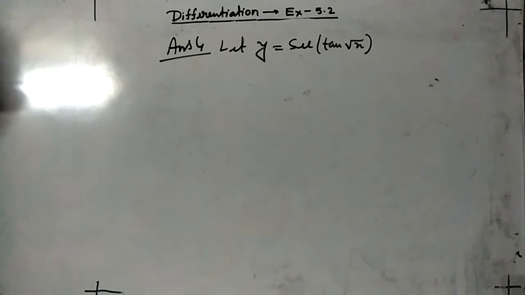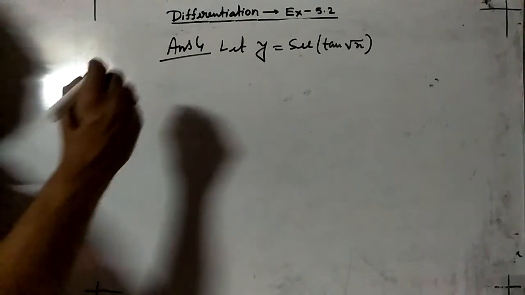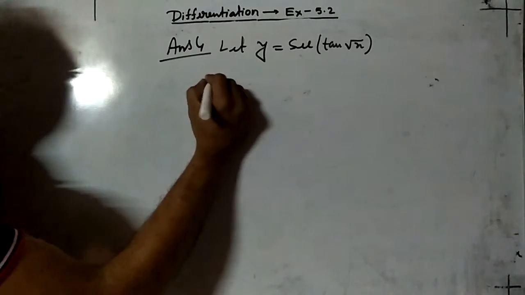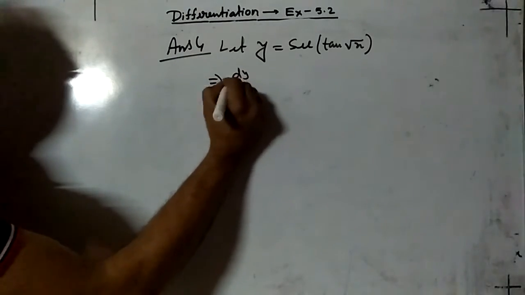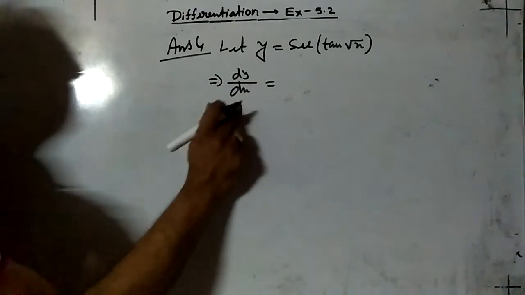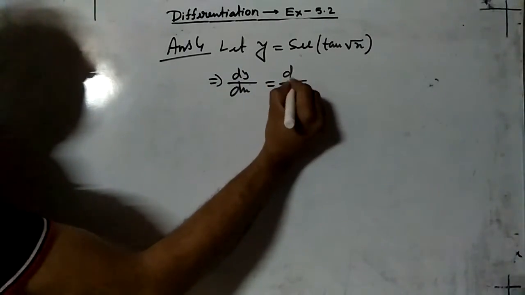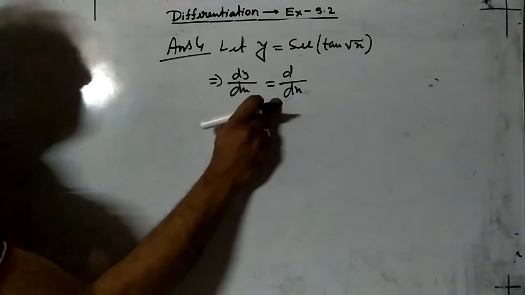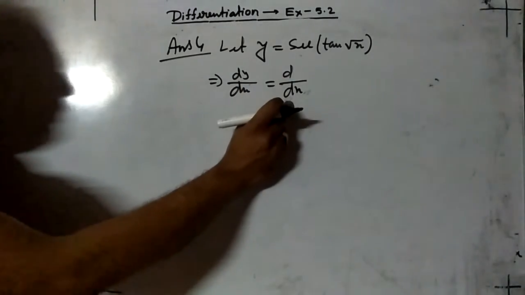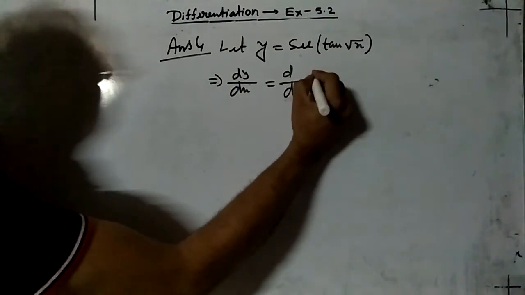That means three types of functions are given, a composite of three functions. So we have to make a chain, differentiating both sides. That means dy by dx, d by dx, means we are differentiating with respect to x.